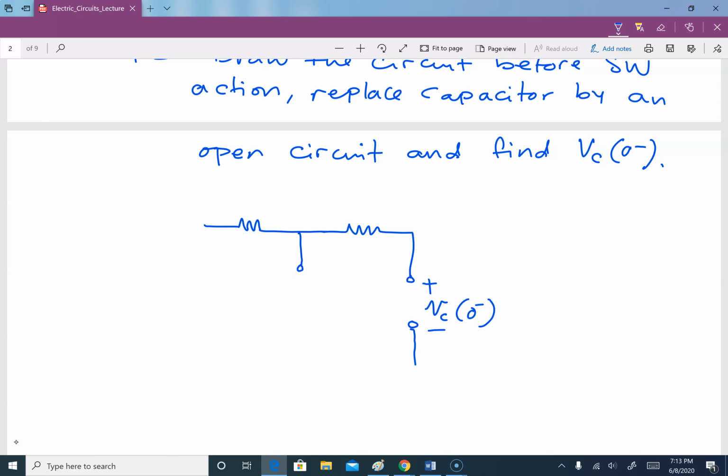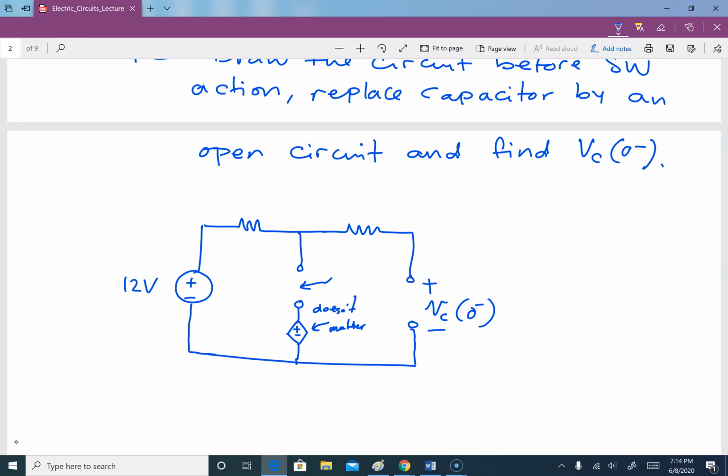The switch was open. So since this is open, this one does not matter, right? Doesn't matter at all. So this is a 3 ohm, 6 ohm, and we need to find VC of 0 minus.